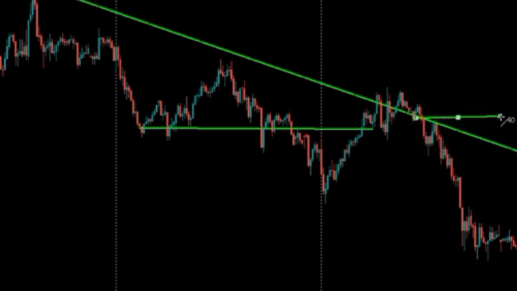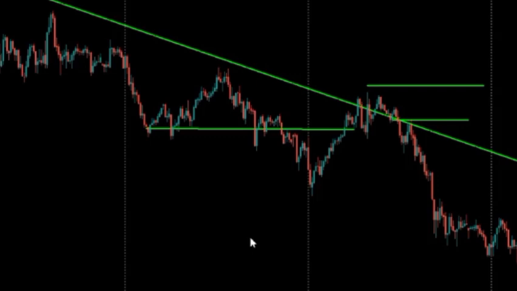My stop loss is above that high, and my target should be the last low.